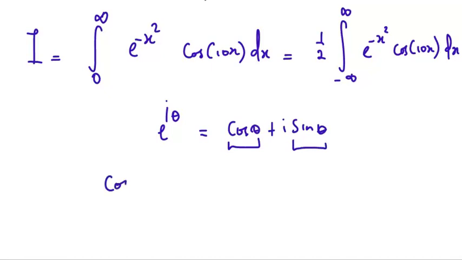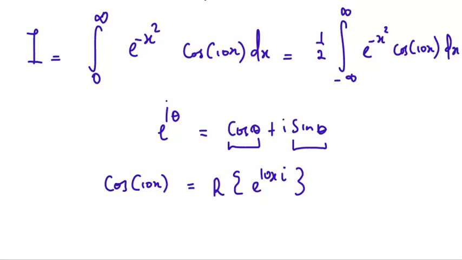So the cosine of 10x is going to be the real part of e raised to the power of 10xi. So it's going to be 10x and then i.